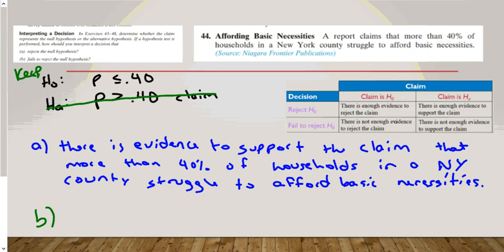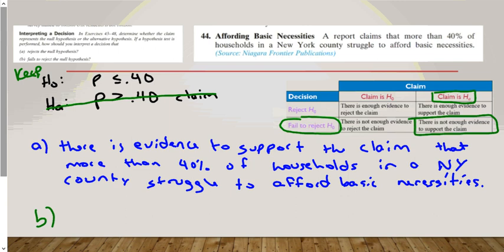Notice that in this case, our claim is still the alternative. So this one's our claim, and this time we are going to fail to reject. Then if we look and see where those cross, this is the language we're going to use.